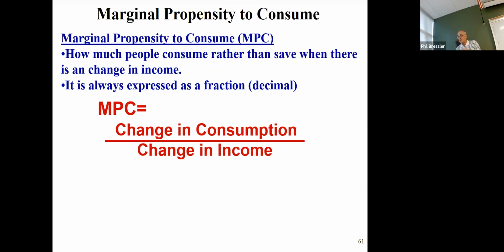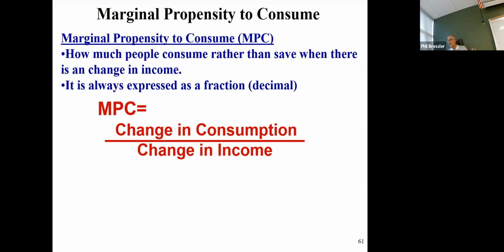Now, the marginal propensity to save is the change in savings over the change in income. They have to equal 1. Why? Because all I can do is save and consume. So the marginal propensity to save would be 20 over 100, so that'd be 0.2.